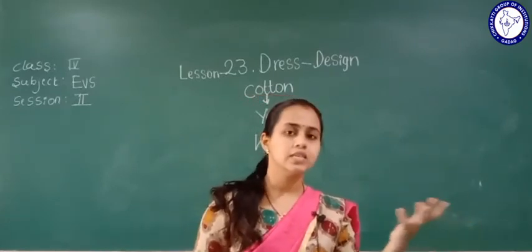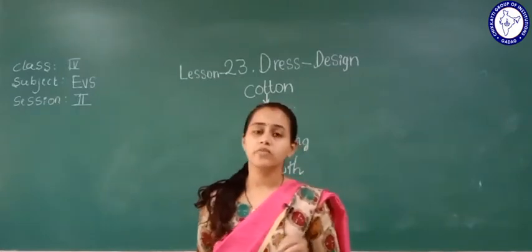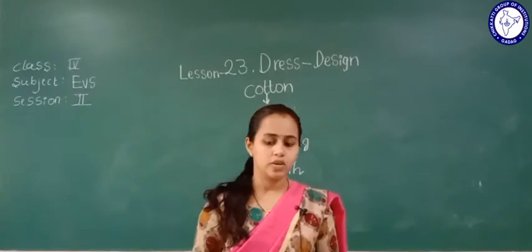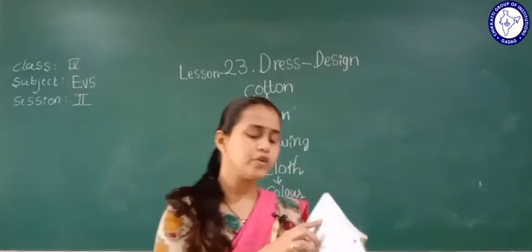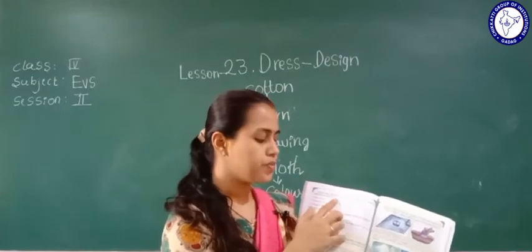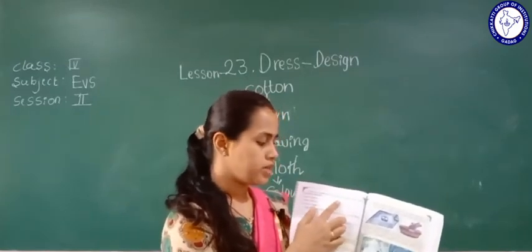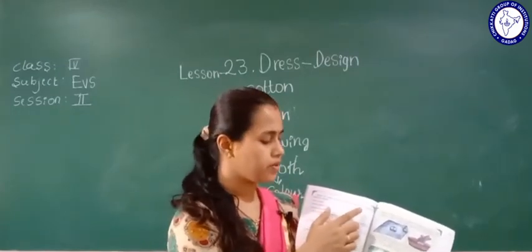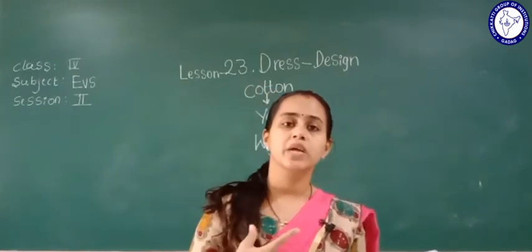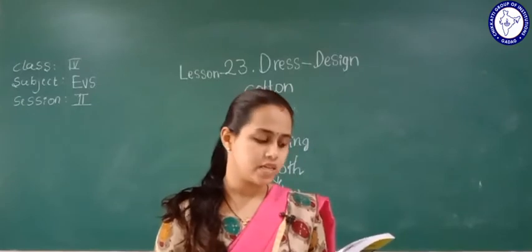When we step out, what will we wear? We'll use an umbrella or raincoat, right? So for the rainy season we'll wear a raincoat and things which make us feel comfortable, right?